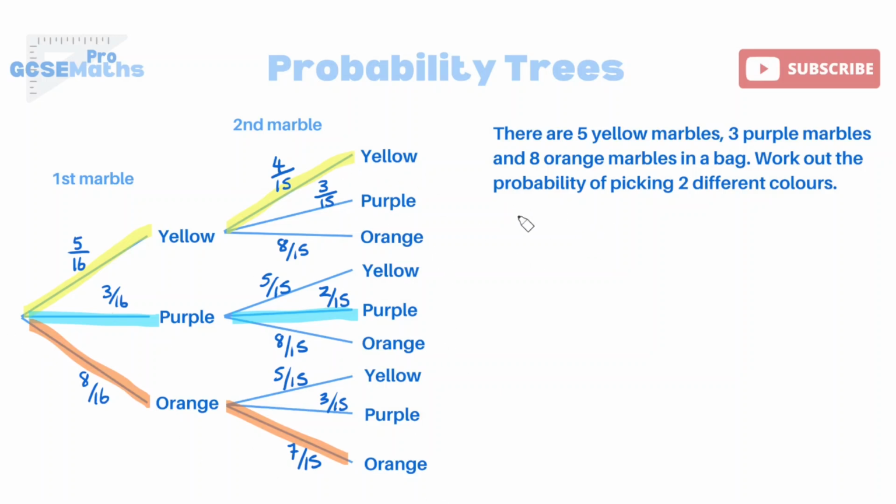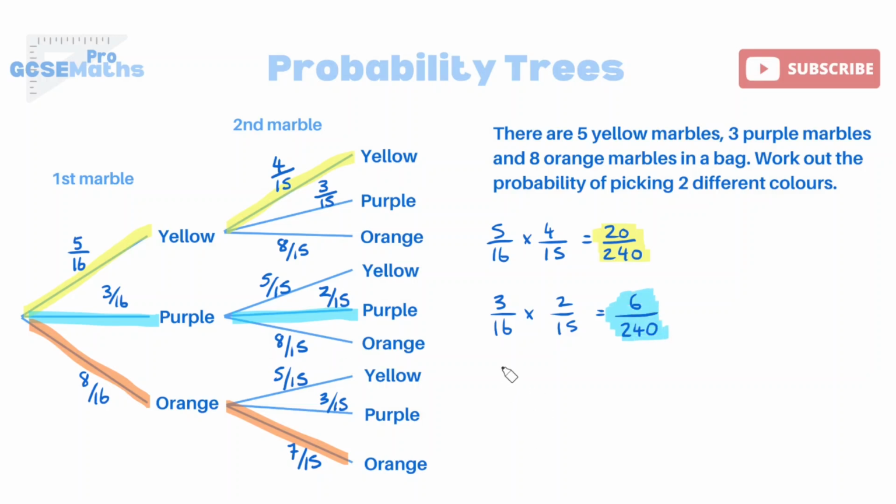Okay, so yellow and yellow is 5/16 times 4/15, which if I leave as a fraction, is 20 over 240. So that's yellow. Then we've got purple, which is 3/16 times 2/15, which is 6 over the same denominator. You see how we're still doing 16 times 15, 240.